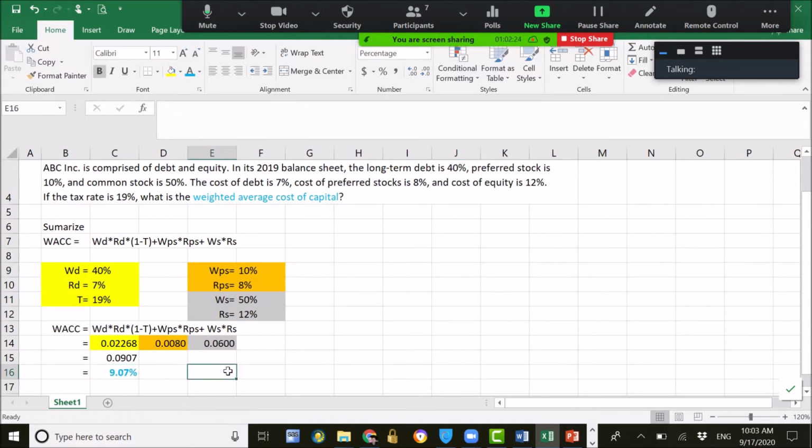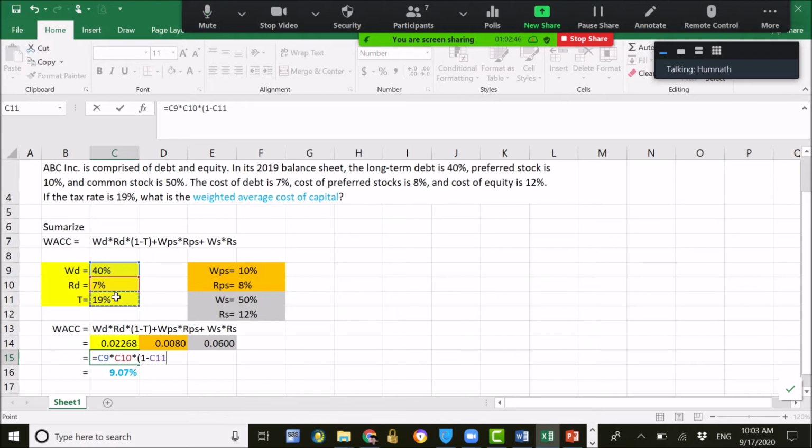9.07%. That is the answer for this question. So let me solve this one, everything putting together, so you can skip this part. So I can do everything here. WD times RD times 1 minus tax rate, plus WPS times RPS, plus WS times RS.